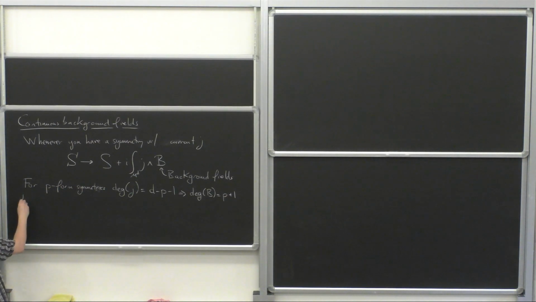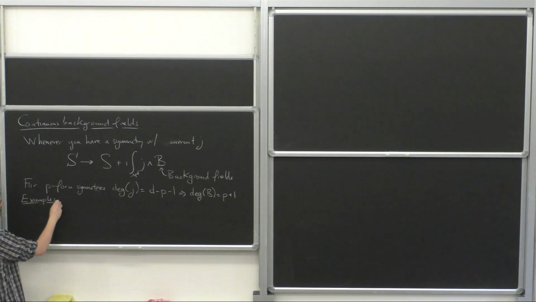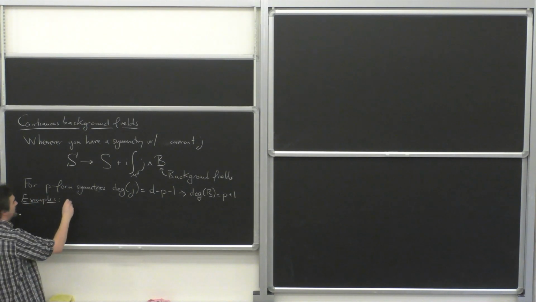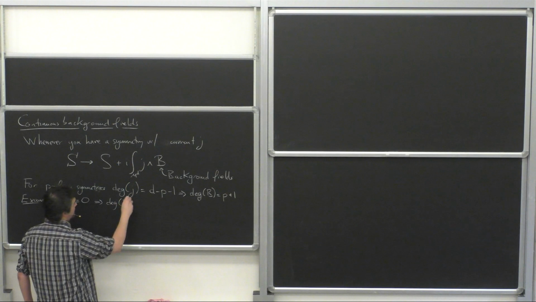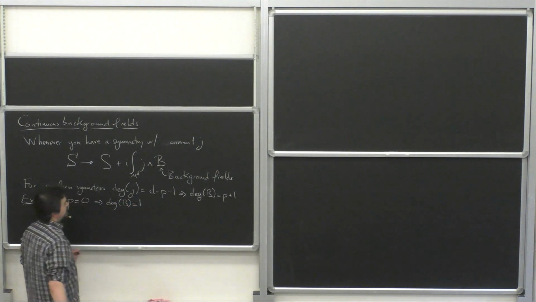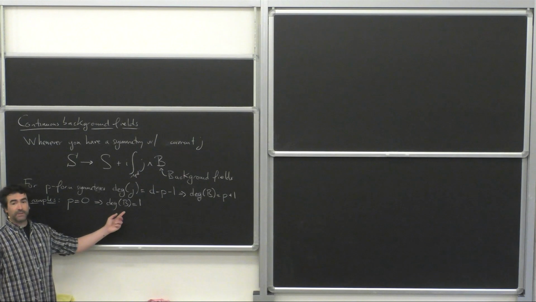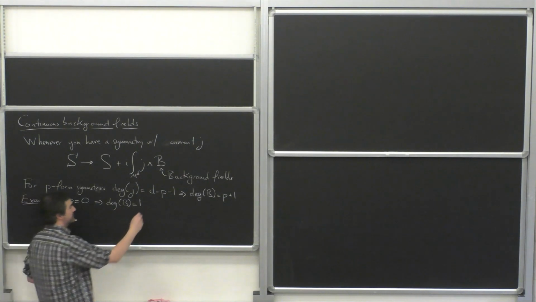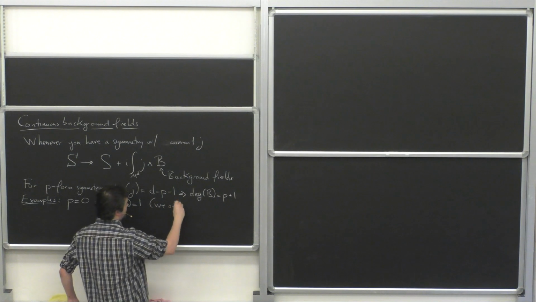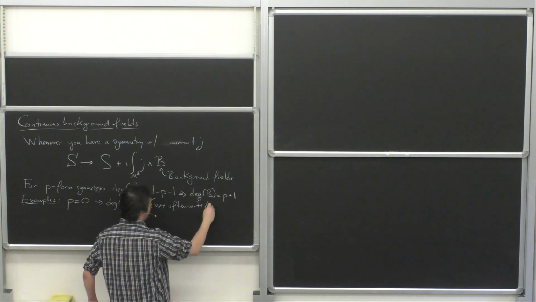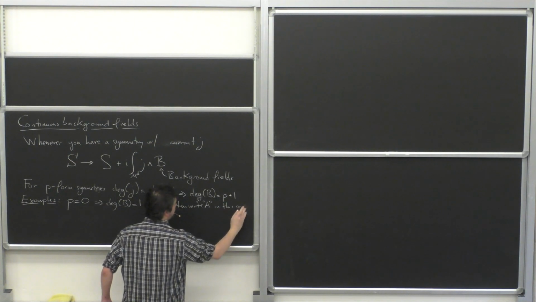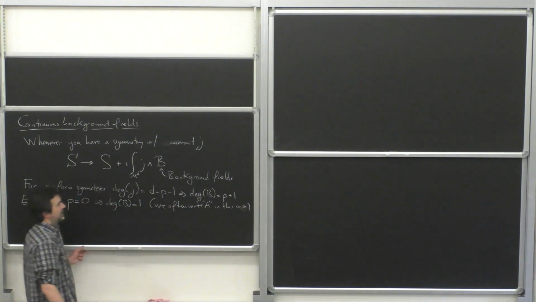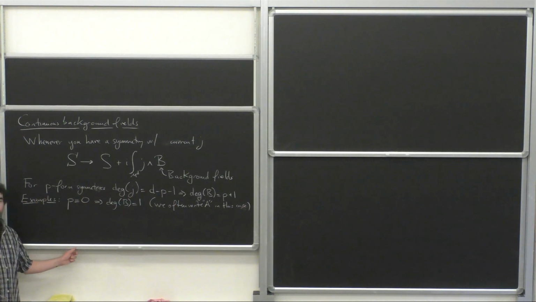So a couple of examples. One familiar example, and then one unfamiliar example. If you take p equal to 0, then the degree of B is equal to what? To 1. In this case, instead of writing B, we write A. Of course, just a change of notation, but this will be the connection 1-form for the background field.